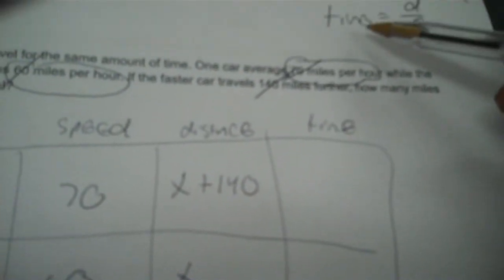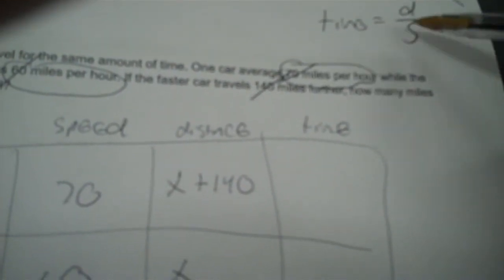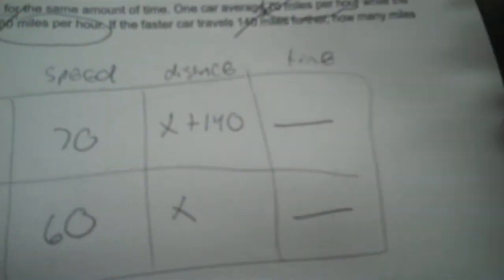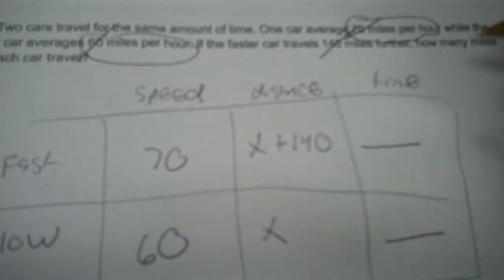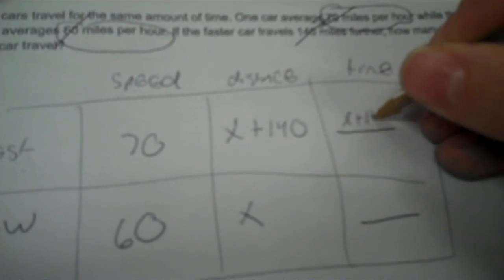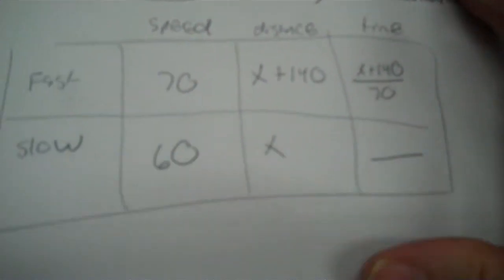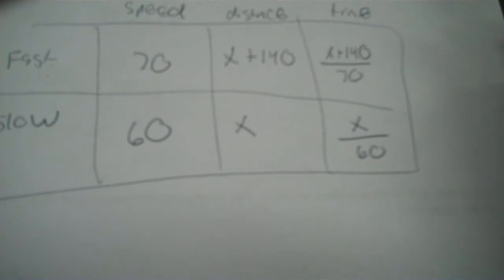Now the way I express the time is to use distance divided by speed. Now I don't have a distance, I just have an algebra expression. So I put X plus 140 on top, and then the speed is 70. Then distance X, speed 60. Now set them equal to each other. We have X plus 140 over 70 equals X over 60.